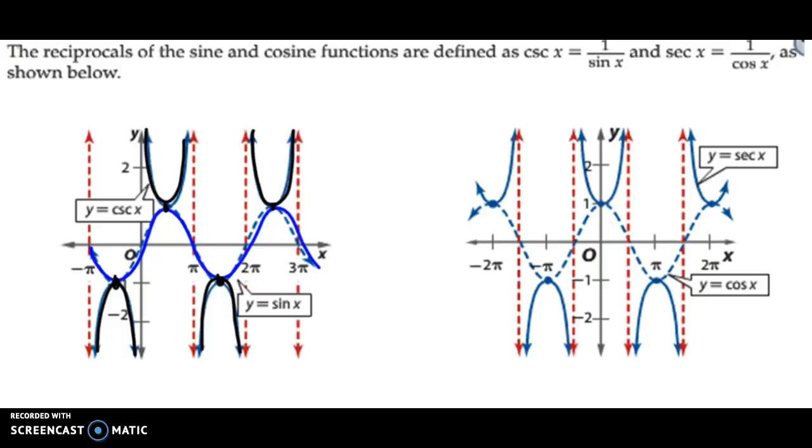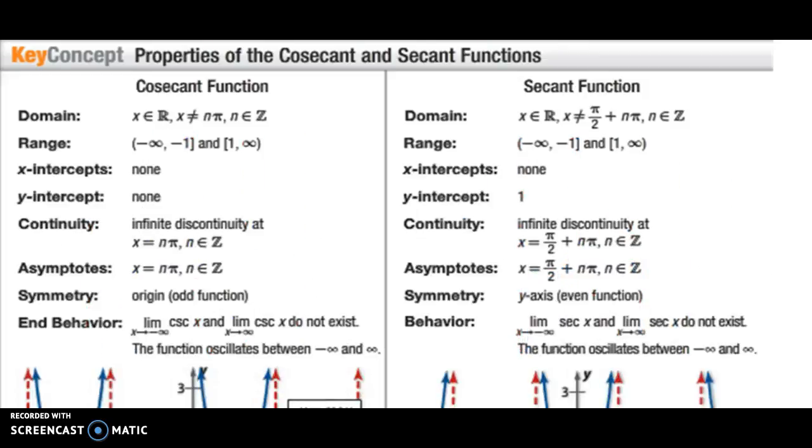It does the same in our secant graph as well, just cosine is obviously moved over based on the values of cosine. So we're going to use that information to figure out the graphs of secant and cosecant functions. So here are the properties of them.